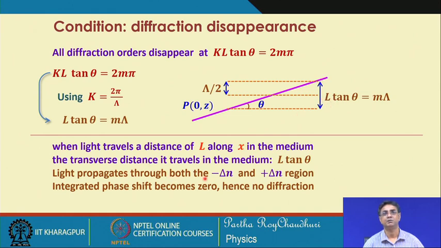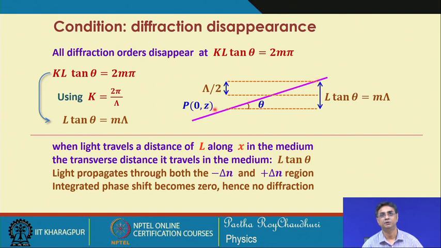Light propagates through both minus delta n and plus delta n. You see, if it corresponds to one period, then it has started travelling from the negative peak, that is minus delta n, let us suppose, and then at this position the peak is plus delta n.